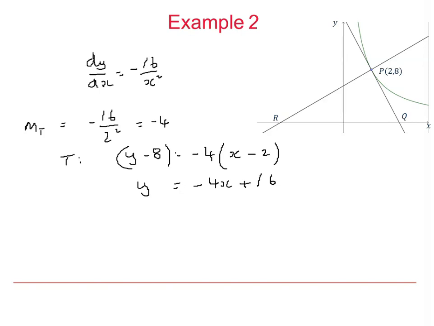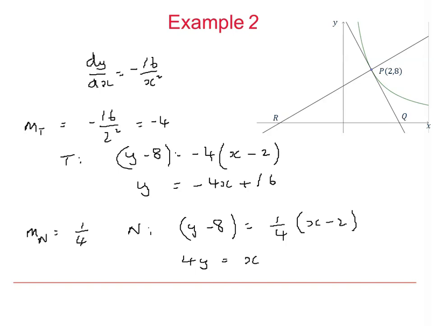The gradient of the normal must be equal to 1/4, so it's negative 1 over negative 4, so 1 over 4, and therefore the equation of the normal is given by y minus 8 is equal to 1/4 of (x minus 2), and if you multiply that out, we find that we get 4y is equal to x plus 30.